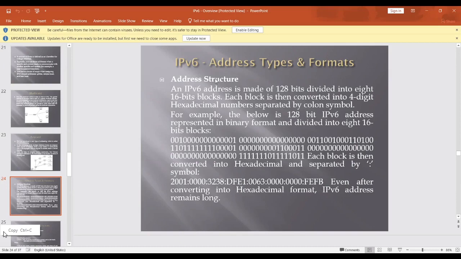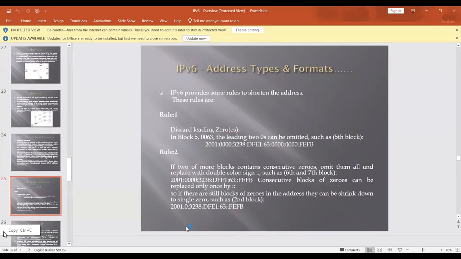So an example has been given, and these are the two rules that we use to compress the IP address when we are using it in normal life. You can see that the fifth block has 0063.